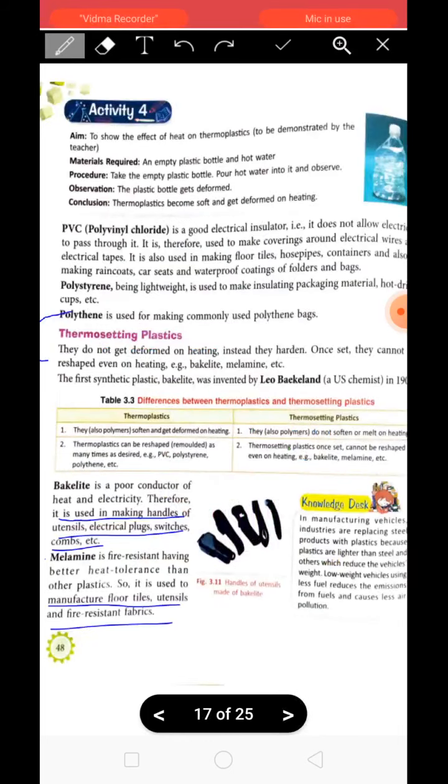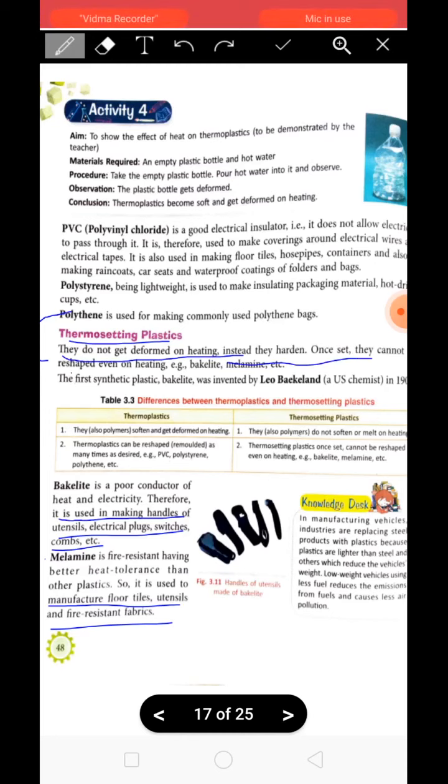Now, question number 4 is, what are thermosetting plastic? What are their uses? See over here, thermosetting plastic given over here in page number 48. Okay, so what is thermosetting plastic? Thermosetting plastic are the plastic which do not get deformed on heating. Instead they become hardened.